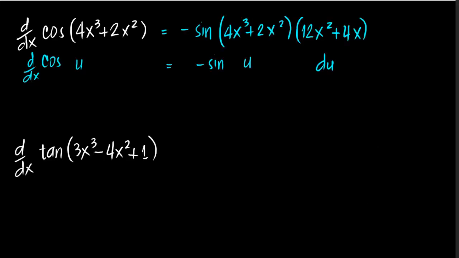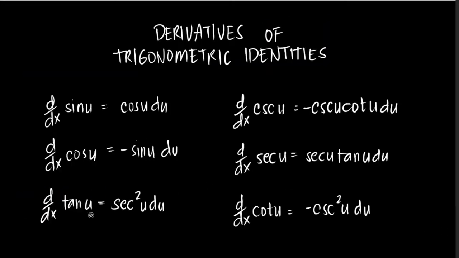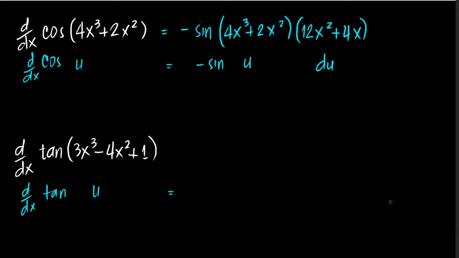Next, we have tangent. So, d dx tan u. We look at the table for the derivative of tangent. Tangent is right here: secant squared u du. So this should look like secant squared u du.